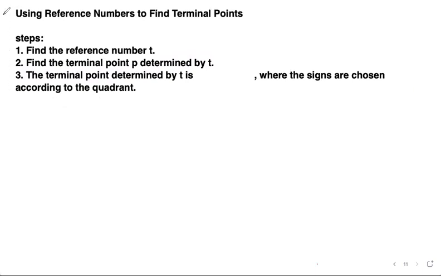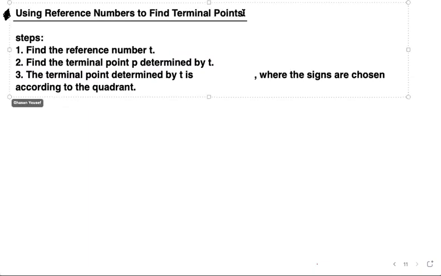Okay, let me explain the steps. So, using the reference number to find the terminal point. This is very important.